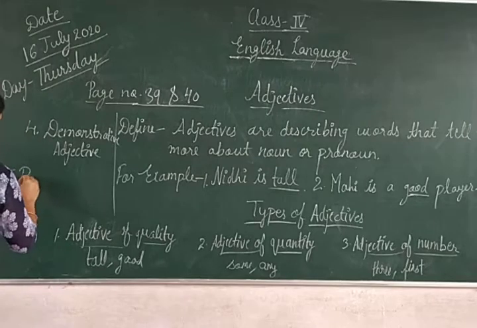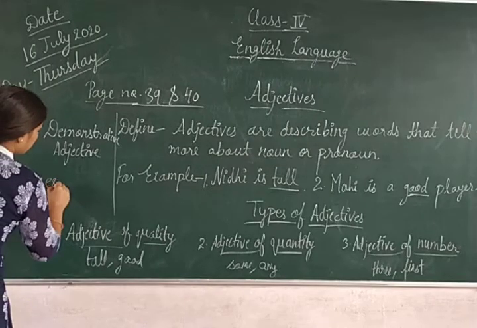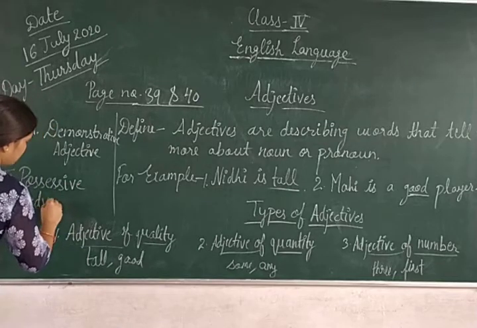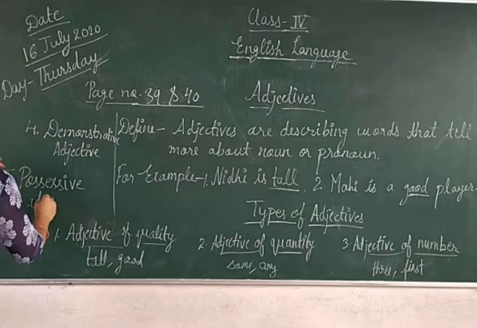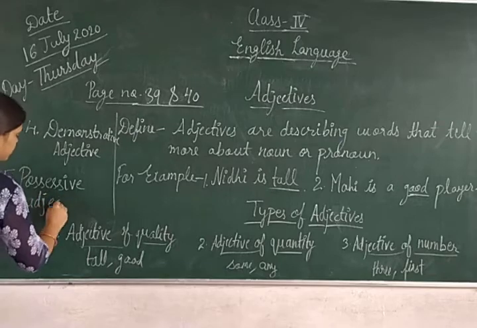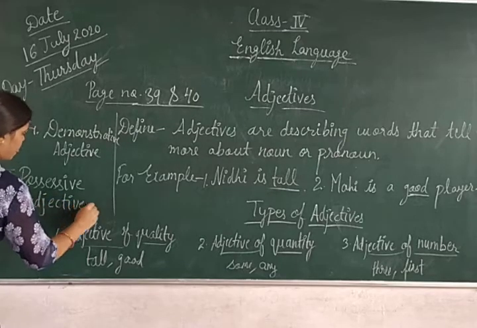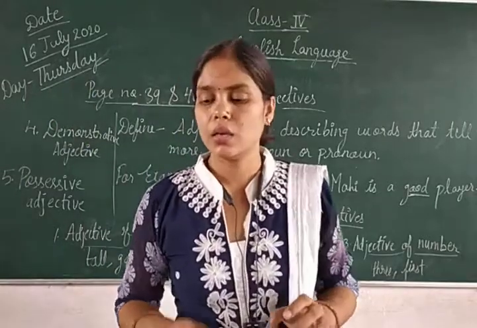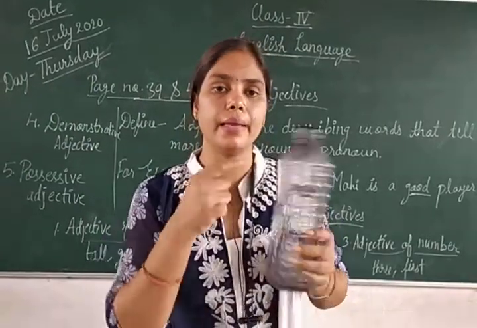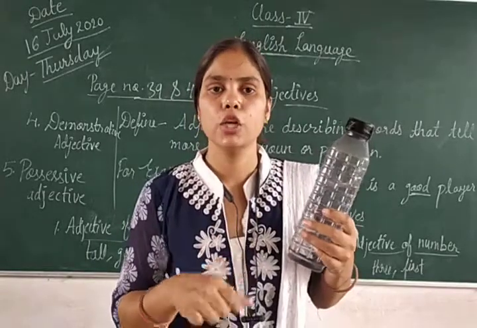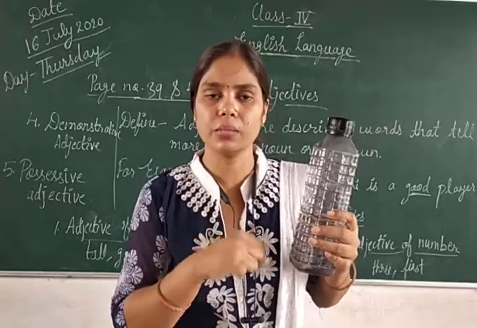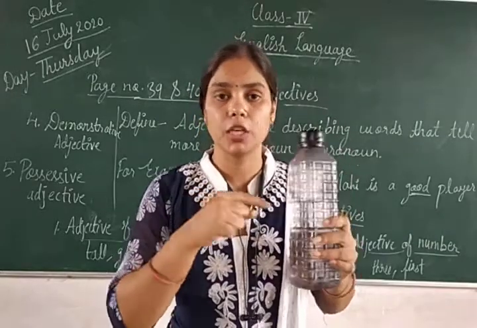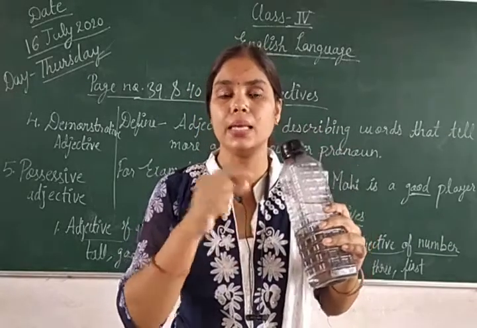Fifth one is possessive. Possessive means, मैंने आपको बताया कि possessive होता है belongingness, ownership we can say. ठीक है, कि ये बॉटल मेरी है. ये किसकी बॉटल है? मेरी बॉटल है. ठीक है, तो मेरी, माय, दिस बॉटल इज माइन. दिस इज माय बॉटल. ये बॉटल मेरी है, इसीलिए माय.